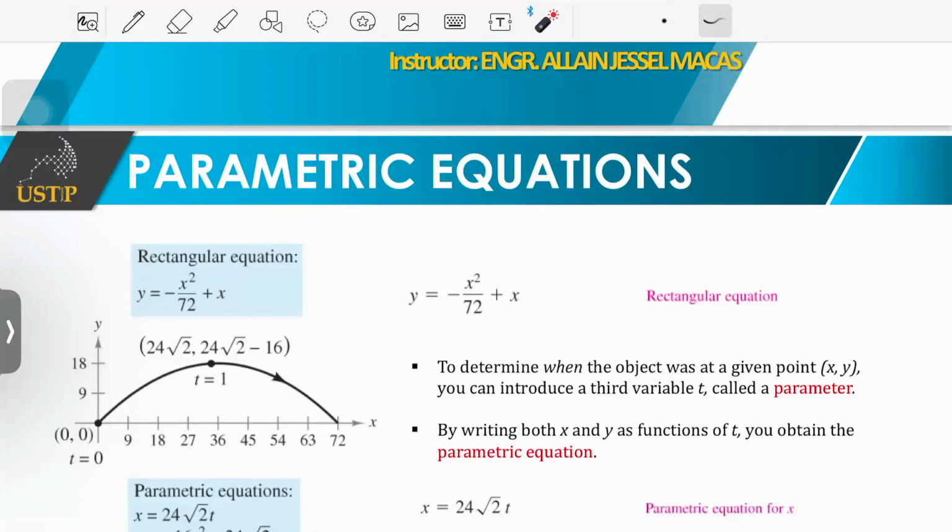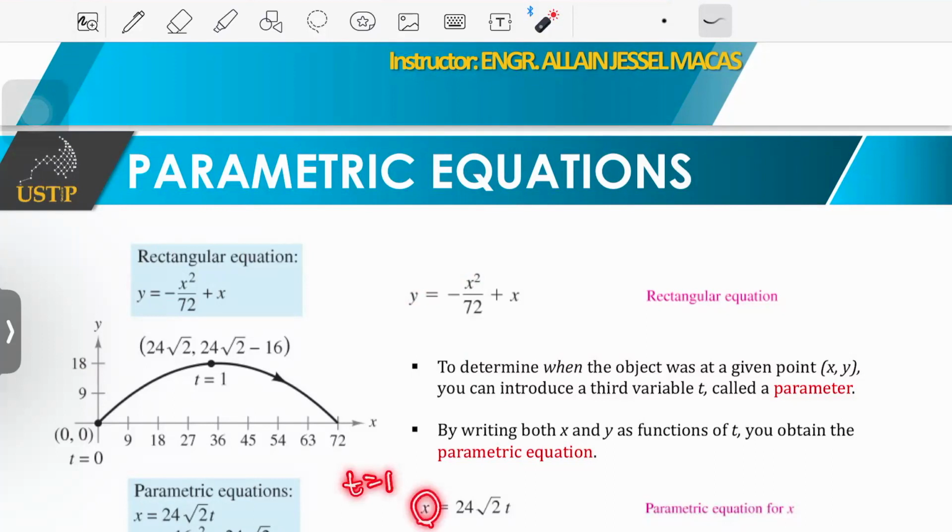Pero ang graph ana, class, will remain the same, no? Later makita na to, na nakatabulate ta, okay? So if this is your rectangular equation, we have here a parametric equation for x and parametric equation for y. Kung mag-set na dire ang mga values sa t, for example, t is equal to 1, we will get values of x and y, no?